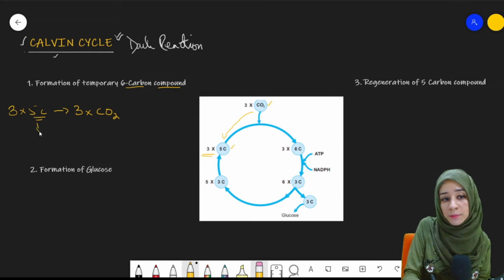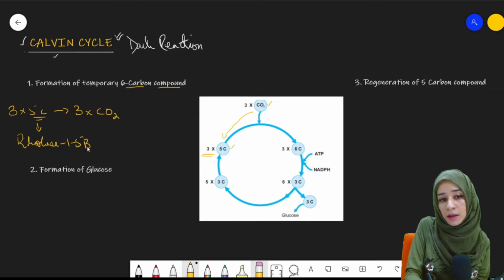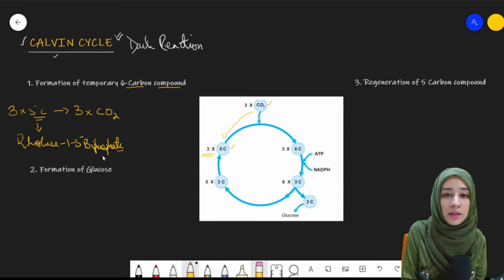This 5-carbon compound is known as ribulose 1,5 biphosphate sugar.